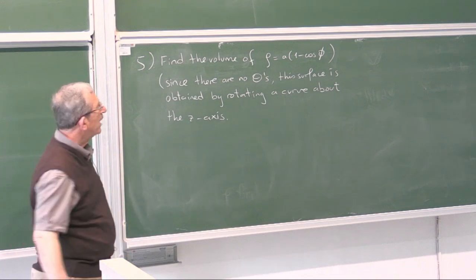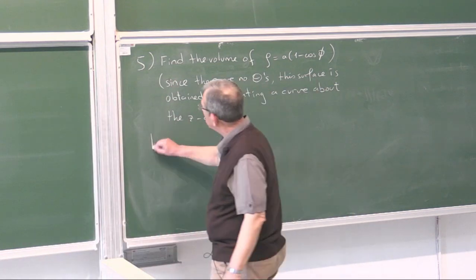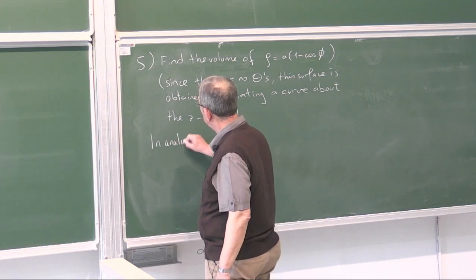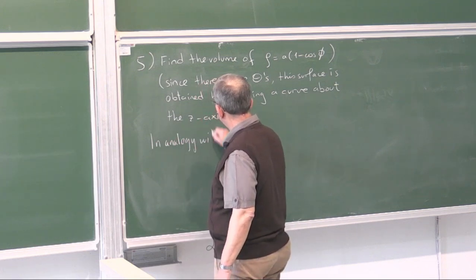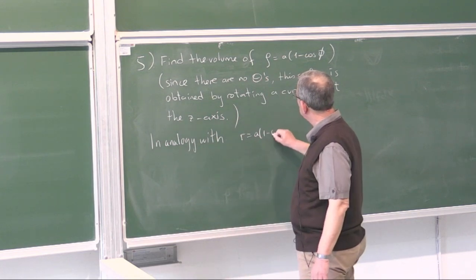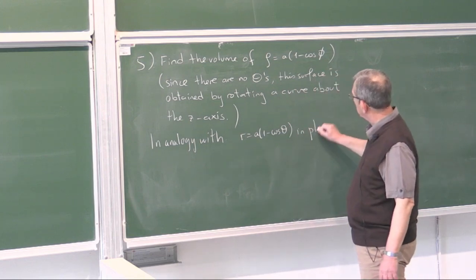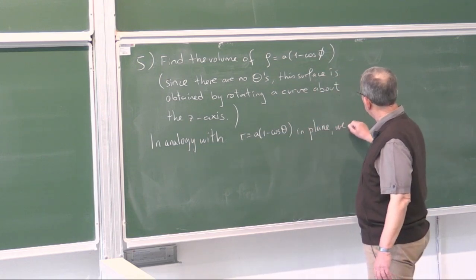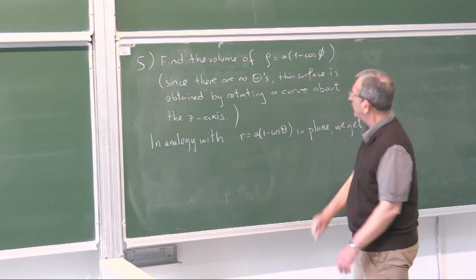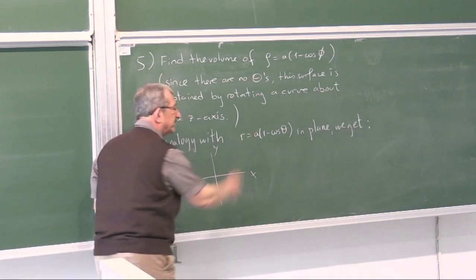Okay. Well, in analogy with r = a(1 - cosine theta) in the plane, we get the following. In the xy plane, what is this?